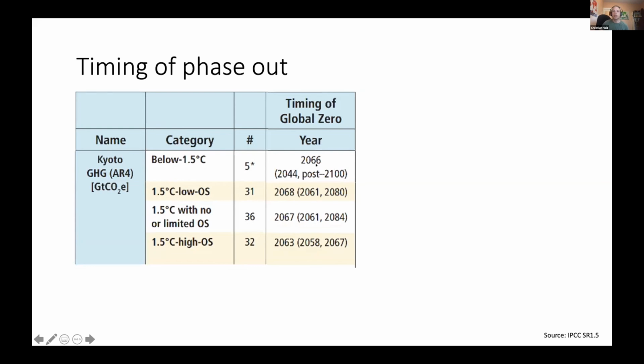And so there is no need to ever offset the residual non-CO2 greenhouse gases while still meeting the 1.5 degree scenario, and that is due to the early ambition and the stringent reductions, and thus not breaching the CO2 budget.